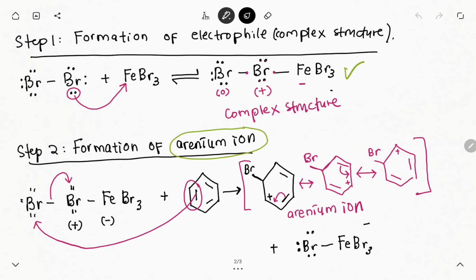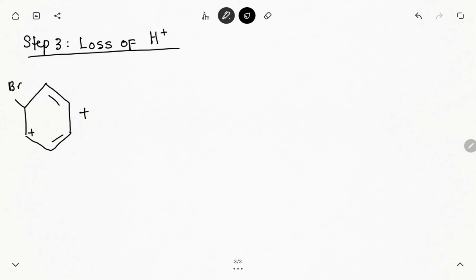Next is step 3. In step 3, using the first resonance structure of the arenium ion, we rewrite it again. We need to prepare our final product, in which a hydrogen is substituted by a bromine atom.